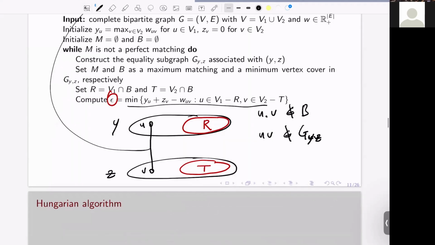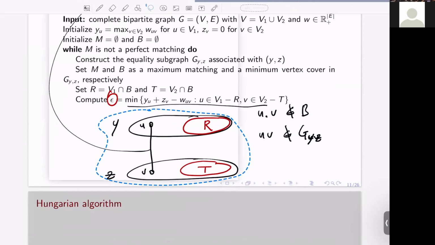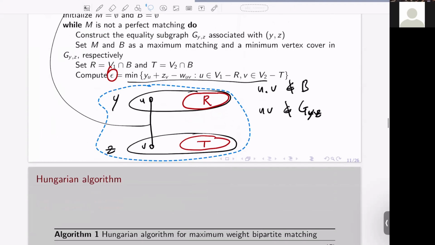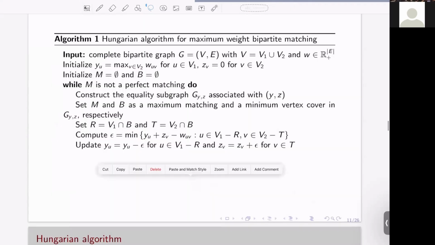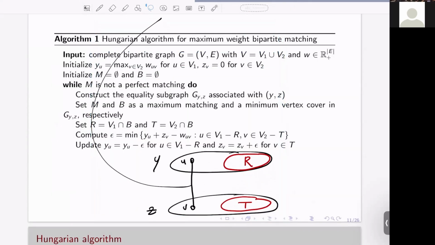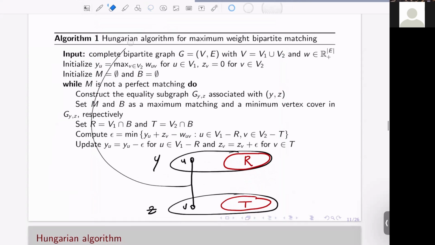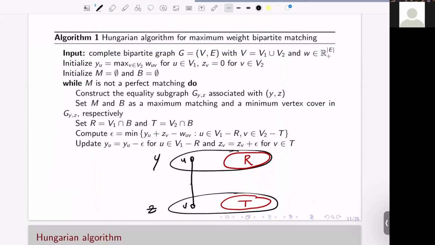This thing might look artificial, but if you just look at it, it will get clear.